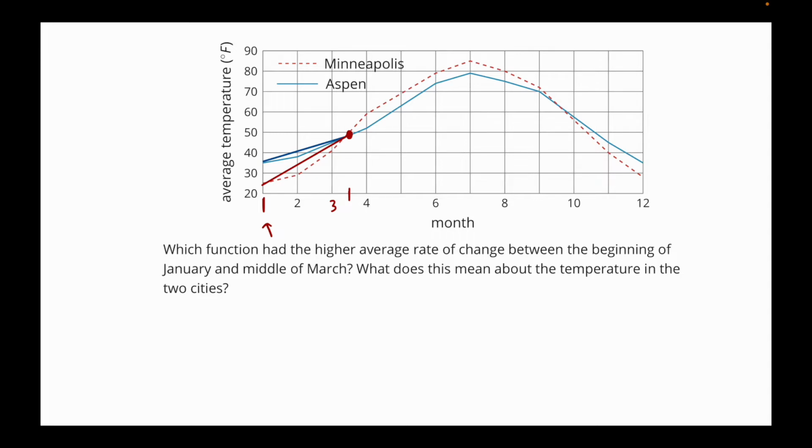So let's actually write this out. So we decided it was Minneapolis. They're also asking us, what does this mean about the temperature of the two cities? And that's going to mean that just the average temperature increased faster in Minneapolis than it does in Aspen. So let's write that out.